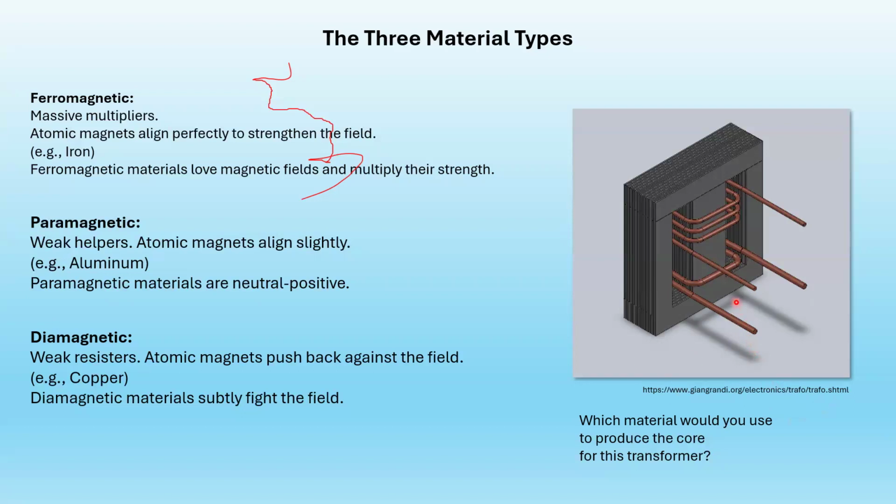We actually talked about transformers last time in our in-person class. The idea is to induce the voltage in the primary, from the primary to the secondary coil. So if we want to induce the voltage, you need to affect that coil or the windings or the conductor that's wrapped around with a magnetic field.